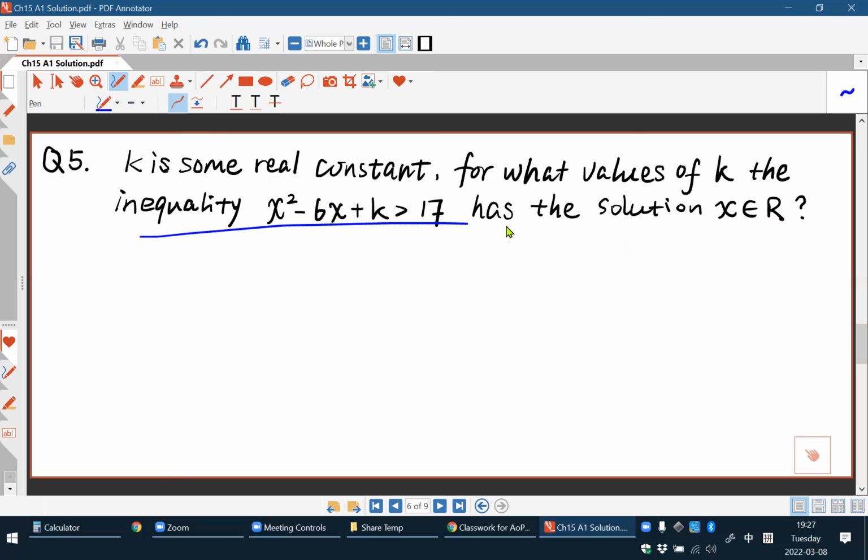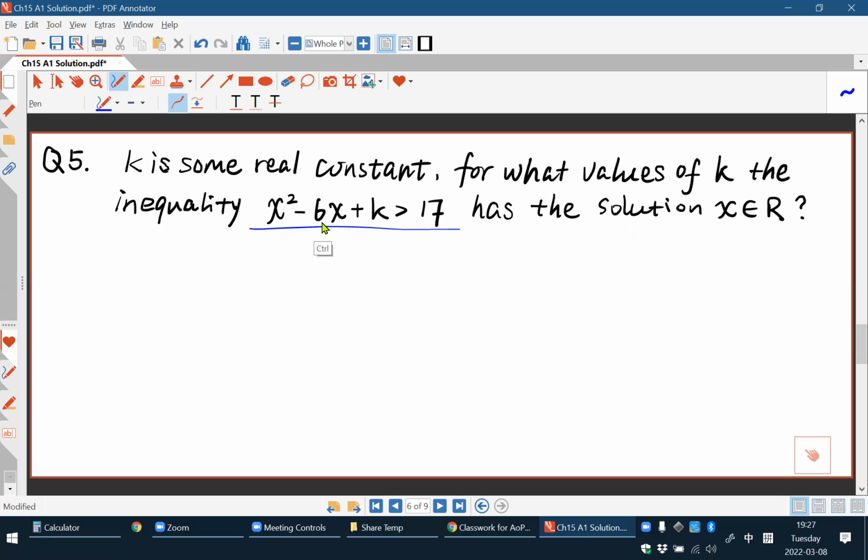Okay, so what does this mean? This means, in other words, any arbitrary x that belongs to the real numbers can make this inequality satisfied, right? So how can this be achieved? If you consider this inequality, the left side is actually a quadratic function, right? And the leading coefficient is greater than 0.